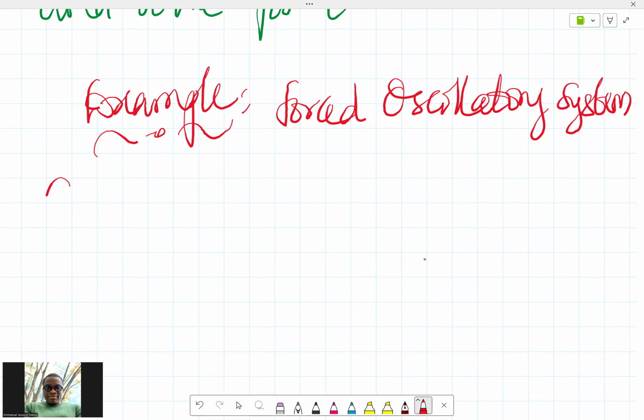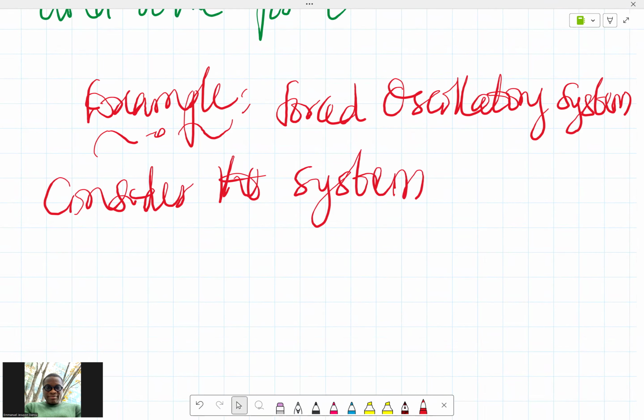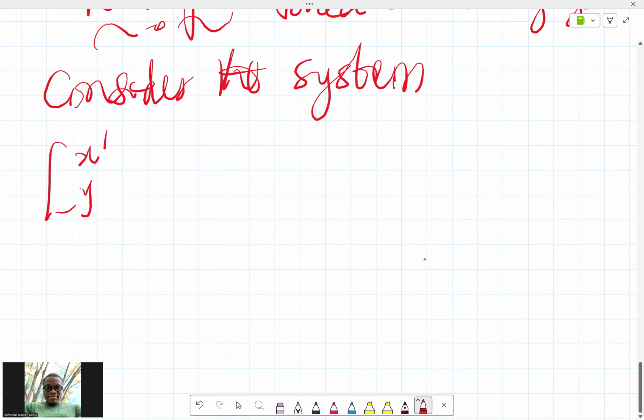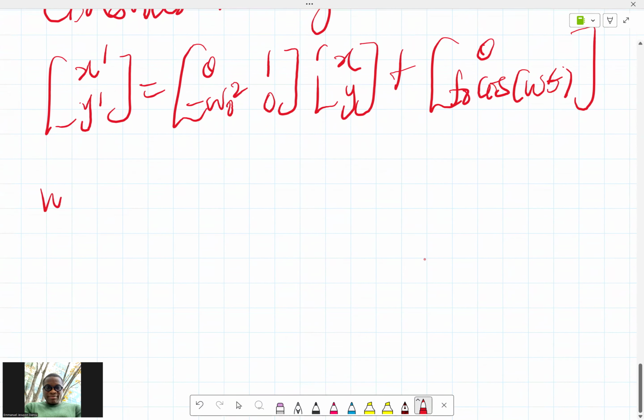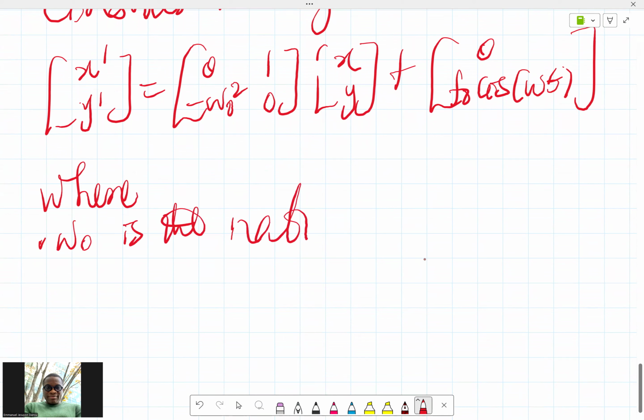Consider the system x prime, y prime equals the matrix [0, 1; minus omega naught squared, 0] times x, y, plus the forcing term [0; f naught cos omega t], where omega naught is the natural frequency of the system.